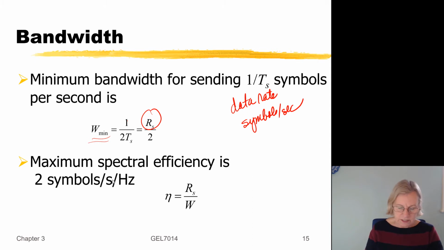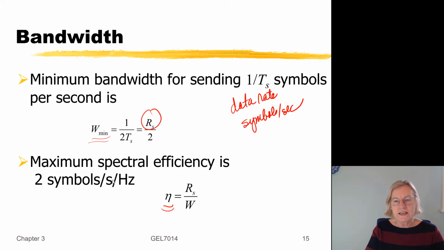And now I'm going to define something called the spectral efficiency. Finally, I've talked about it, and now we're going to define it. It's going to be the ratio of the data rate divided by the occupied bandwidth. And again, when we're comparing them, we're going to compare them based on the minimum occupied bandwidth.